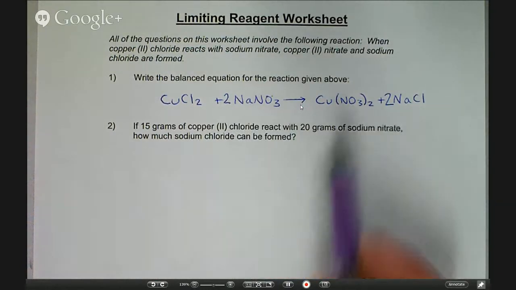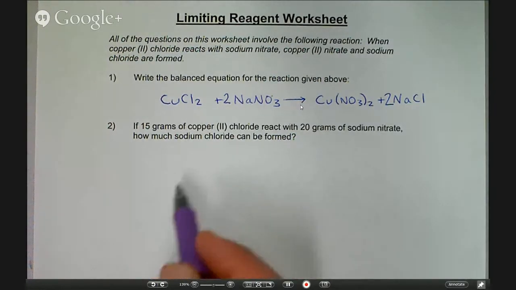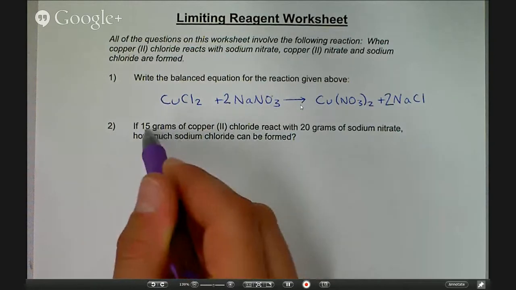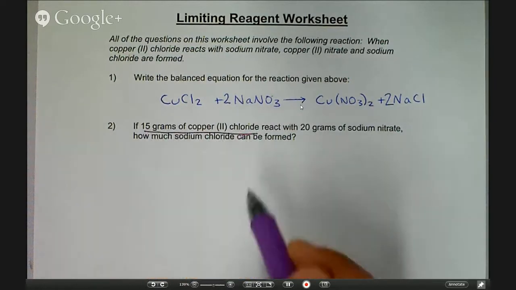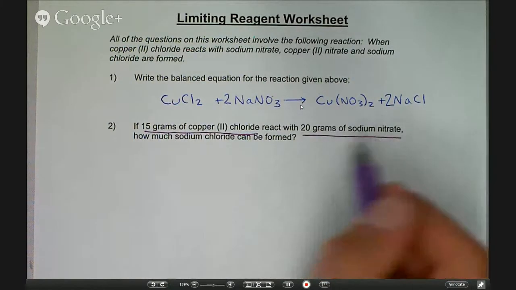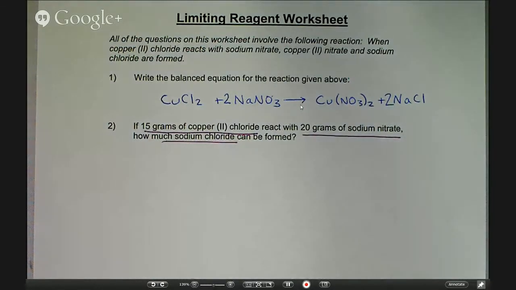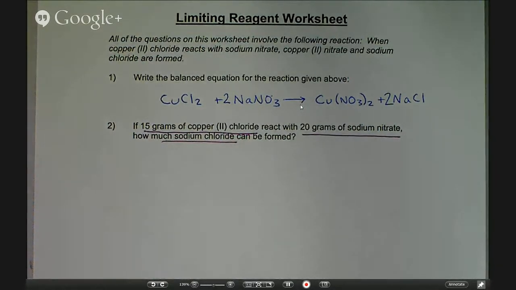This is a limiting reactant problem where we start with 15 grams of copper chloride as well as 20 grams of sodium nitrate, and they want to know how much of the product we are going to make. Remember, we need to base that off of both reactants because we don't know which one's going to run out first.